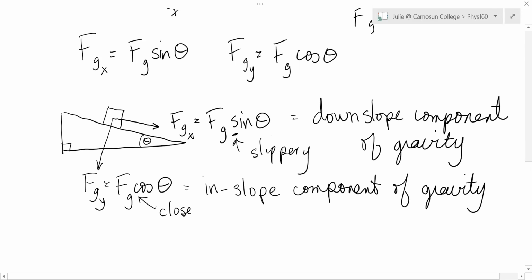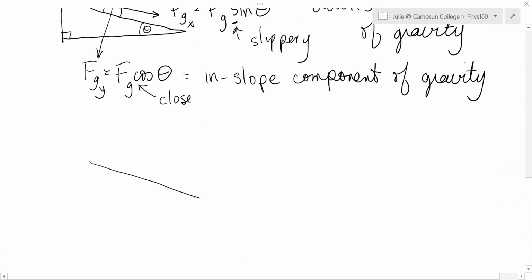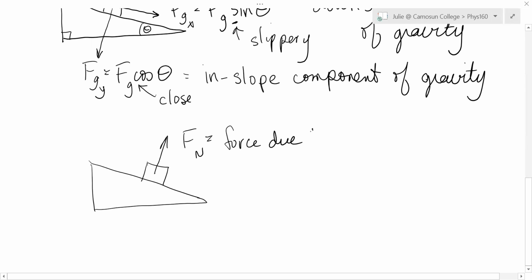Like I said, it doesn't matter whether this box is going up, down, or just sitting there. There will also always be a normal force, which is the force of the surface on this box. And remember, the normal force is the force due to surface. That's what keeps the box from falling through the surface.